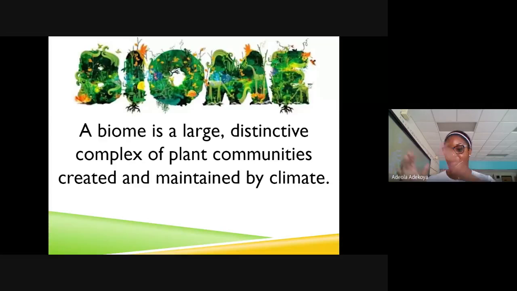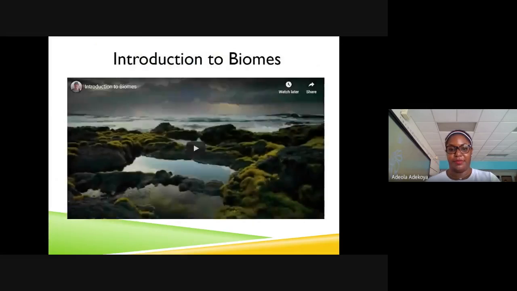Right, so a biome is large. It's distinctive. You can tell the different biomes. It's a distinctive complex of plant communities created and maintained by climate.